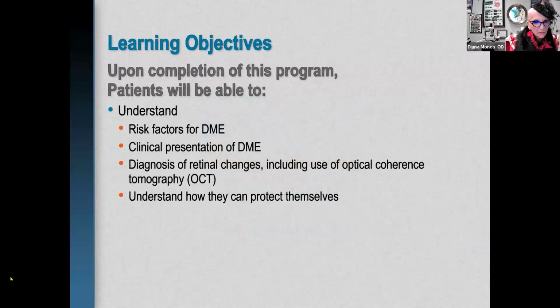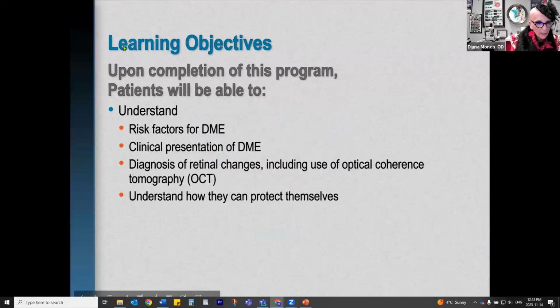So the objectives that I'm hoping that you'll get out of this are, what are the risks for diabetic macular edema? That is fluid buildup under the layers of the retina due to diabetes that's out of control. We want to look at the complications that are associated with diabetic macular edema, and also the retinal changes that occur as seen on the digital imaging that we have today, called ocular coherence tomography, or the short form of OCT.